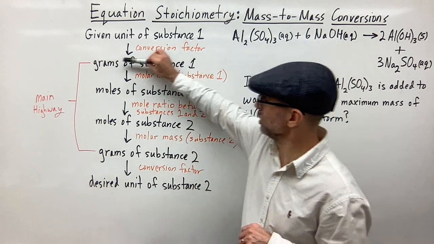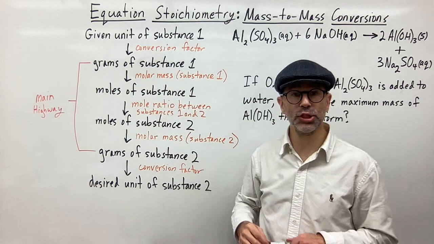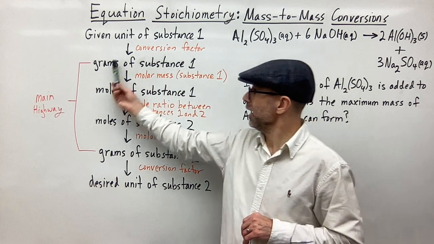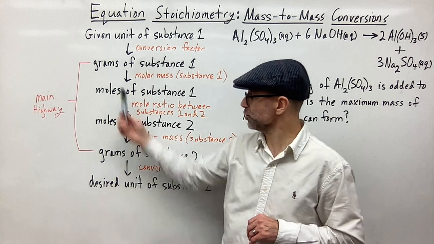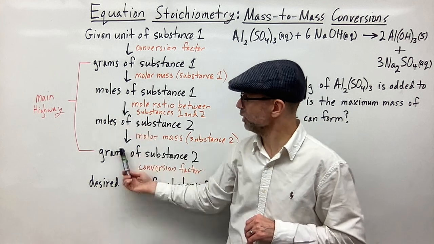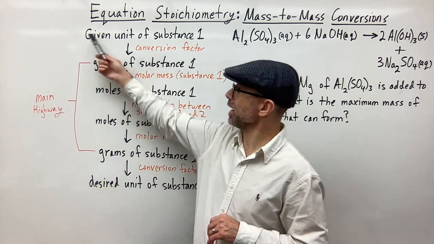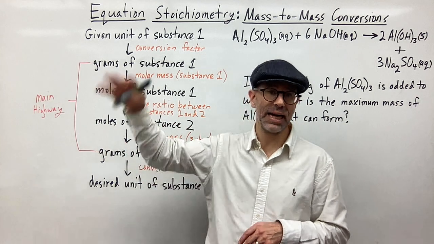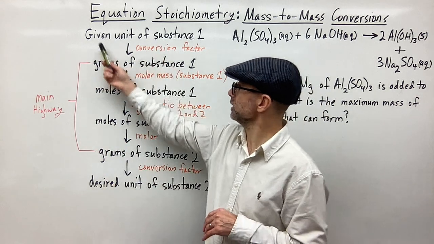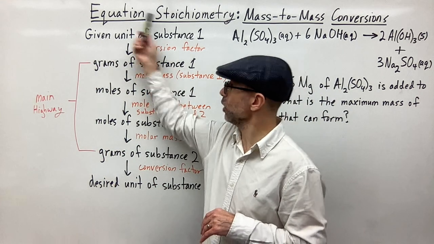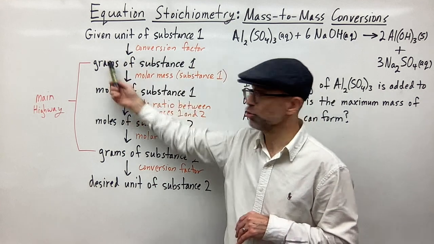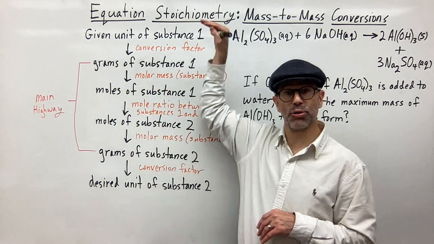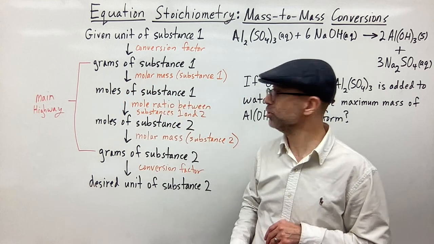But by and large, if it's a mass-to-mass conversion, this is going to be the main highway. Once you've got or are starting with grams, then you're on the main highway. If you're not given grams, then you're off the main highway. You're on a side road and you've got to get on the main highway. So that's what this is. You're converting whatever unit you're given to grams. Now you're on the main highway. You go through whatever you need to go through, right?